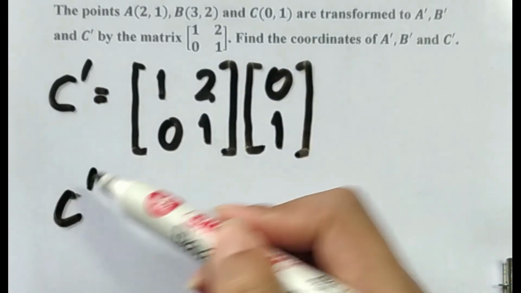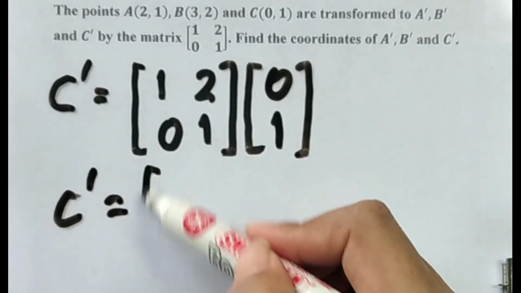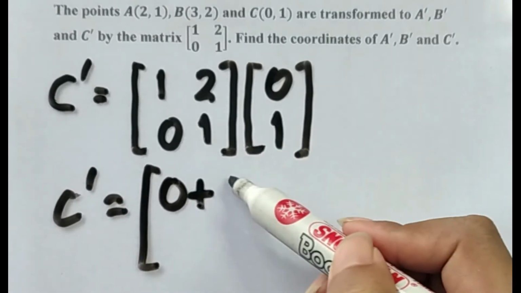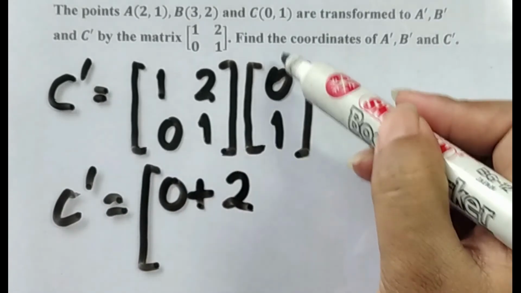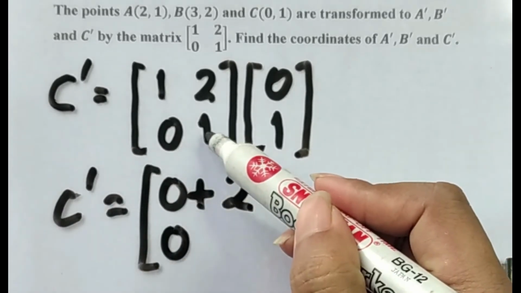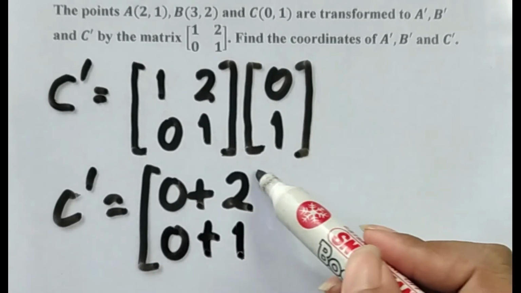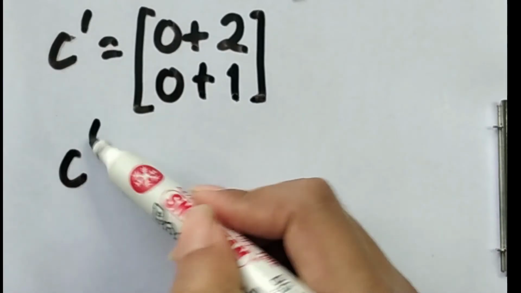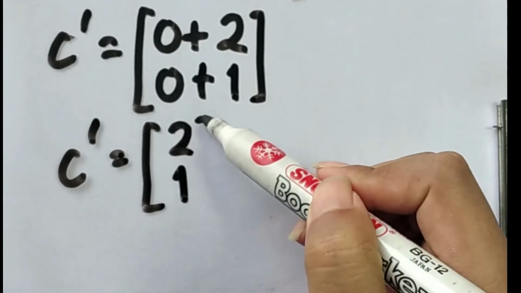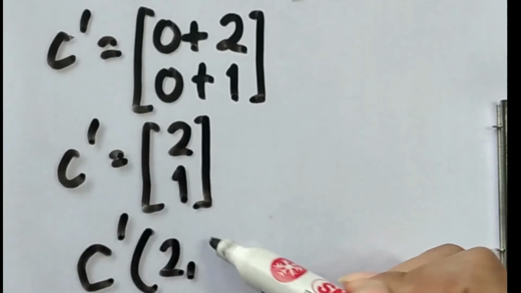Remember, multiplication of matrices is row times column. 1 times 0 equals 0, 2 times 1 equals 2, plus 2. This row times this column: 0 times 0 is 0, plus 1 times 1 equals 1. So C accent equals 2 and 1, which means the coordinate of C accent is 2, 1.